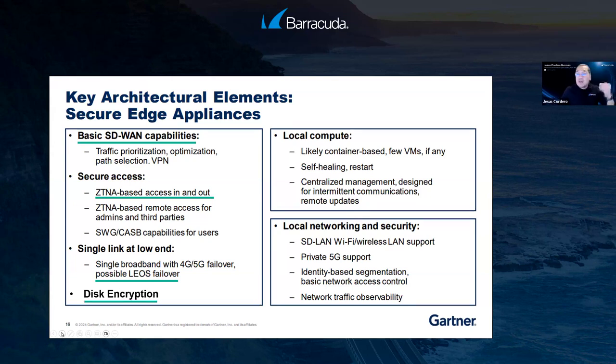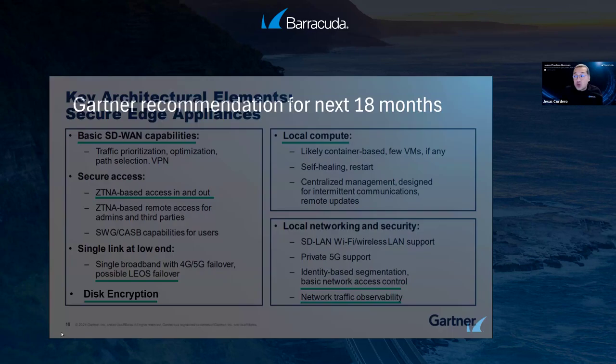Then encryption, local compute, and network traffic observability with basic access control. All of those are the main things that every single secure edge access service should offer, in the opinion and research of Gartner, which we are following.